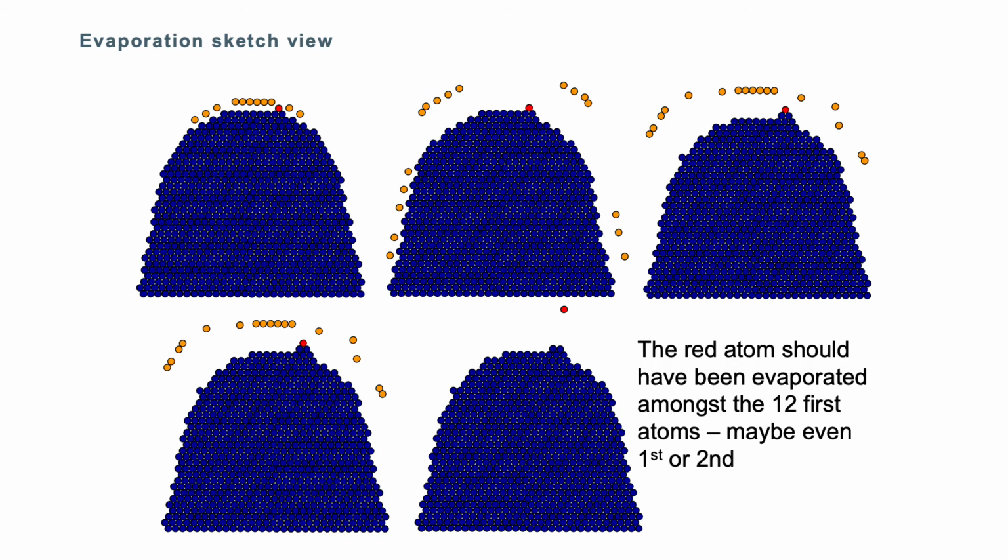Thing is, the right atom should have been field evaporated amongst the first 12 atoms, and now it's field evaporated like the 50th or 100th atom. But we use that sequence to build the Z, so how is this going to be affecting our performance?